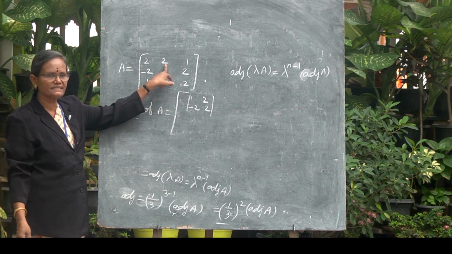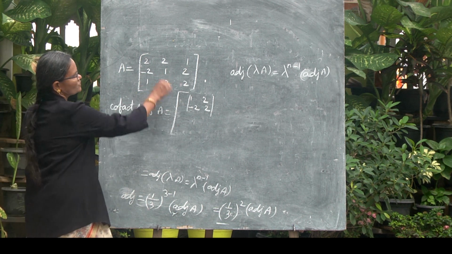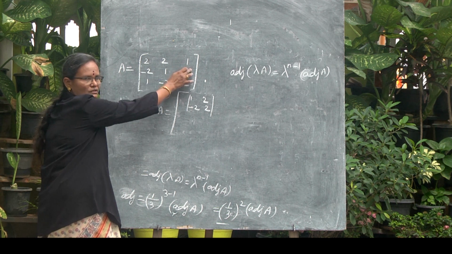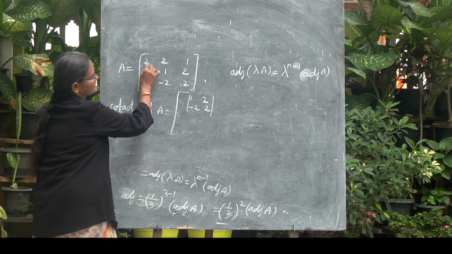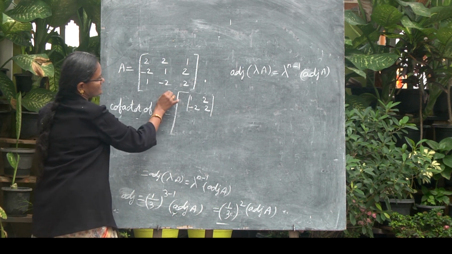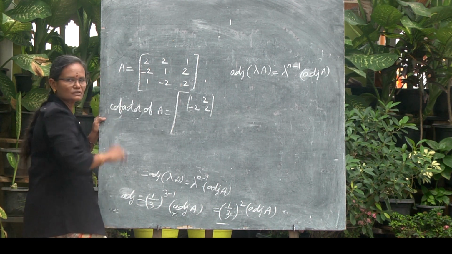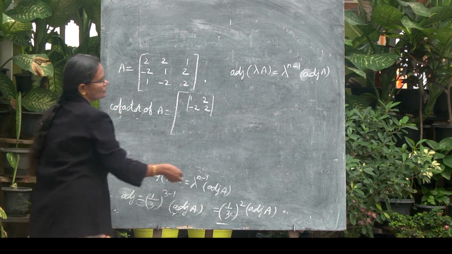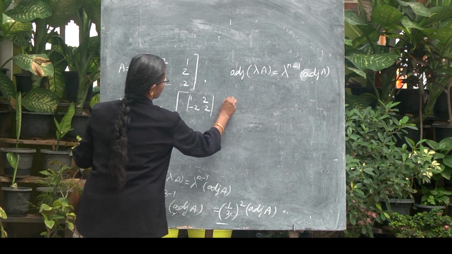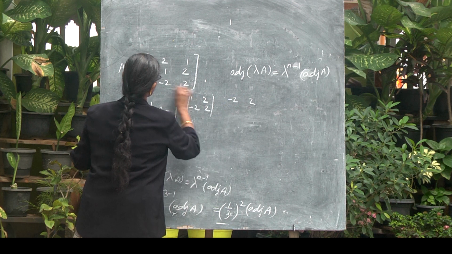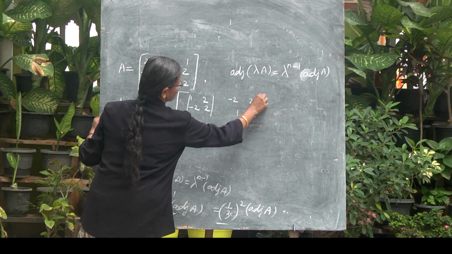What is the second element here? 2. The position of 2 is first row and second column. Ignore that first row and second column. The remaining elements are the minor of 2. So the minor of 2 is minus 2, 2, 1, 2.